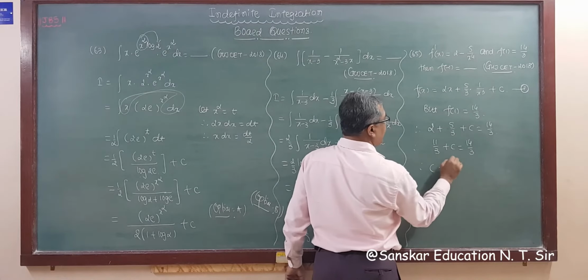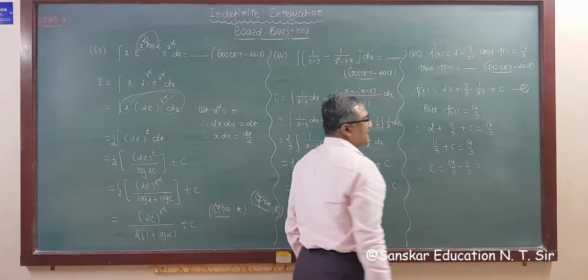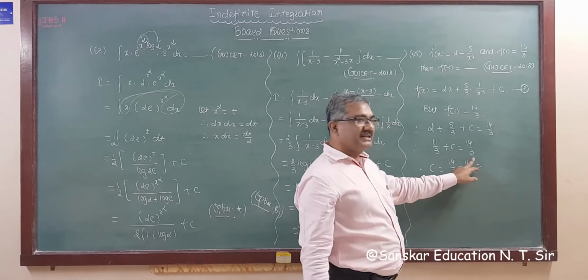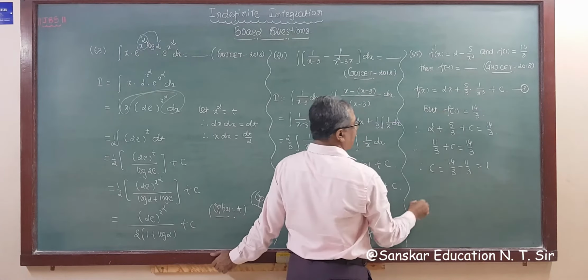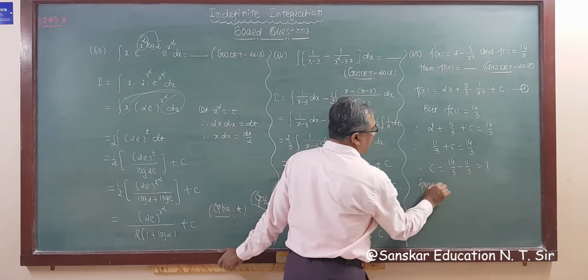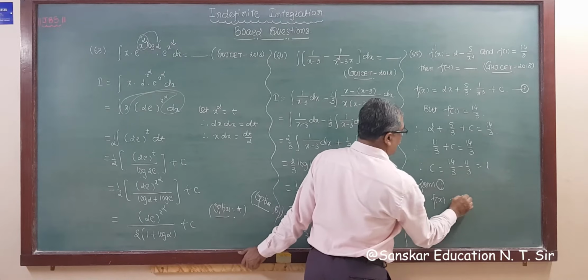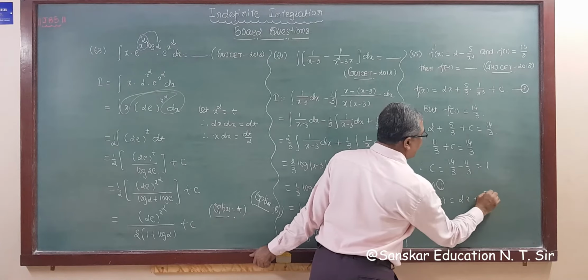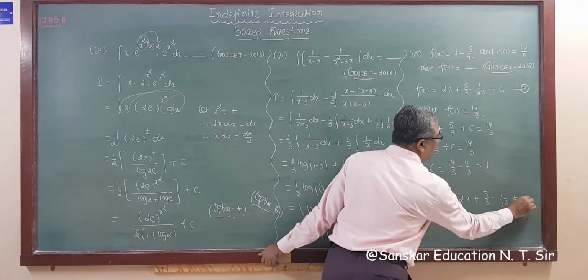So c will be 14 by 3 minus 11 by 3. That is 14 minus 11 is 3, divided by 3 is 1. So substituting c is equal to 1 in 1, what we get? f of x is equal to twice x plus 5 by 3 into 1 upon x cube plus 1.